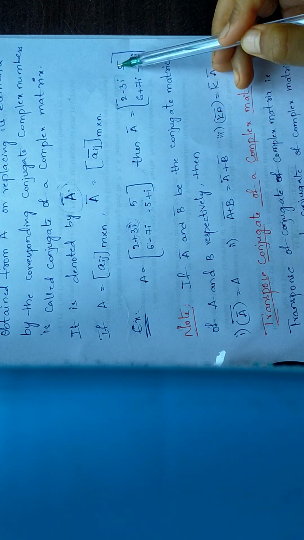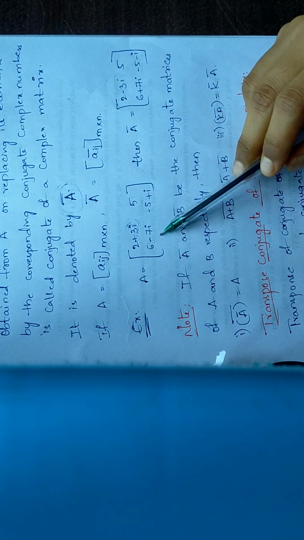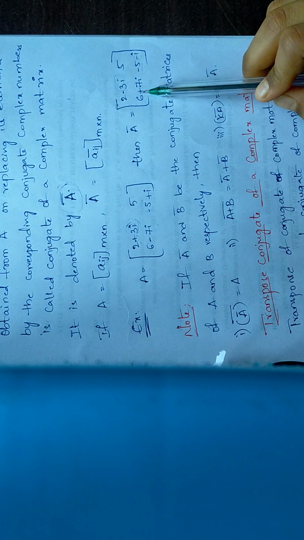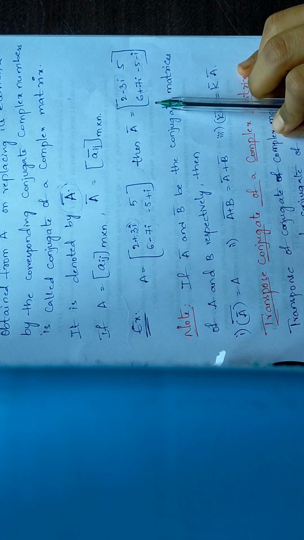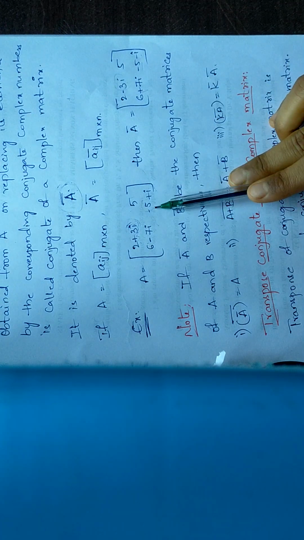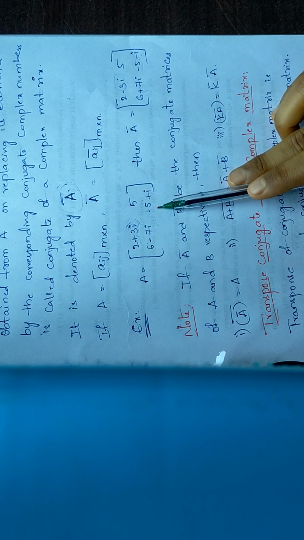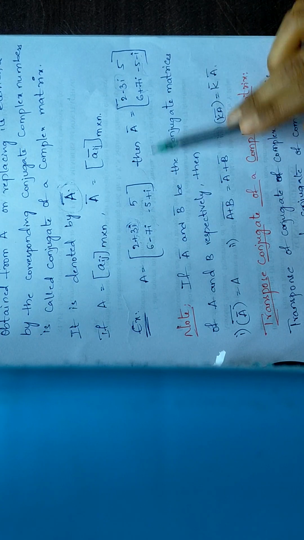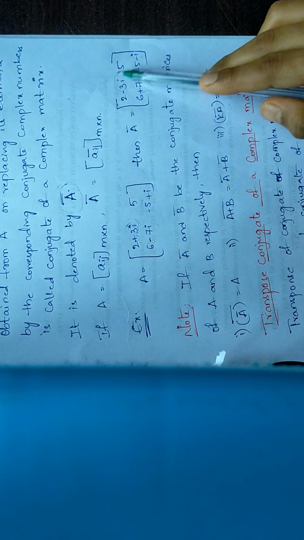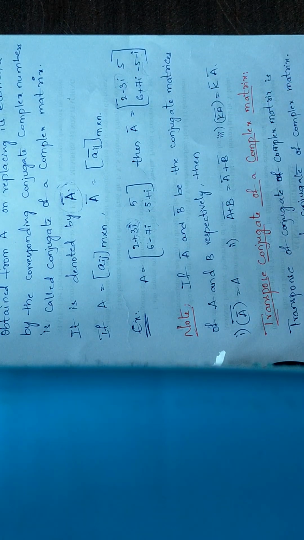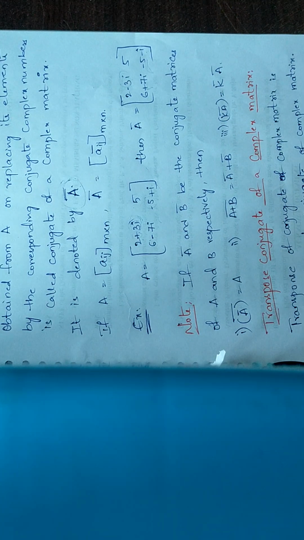So 5 is 5 because no i's are there. 6 minus 7i, here it will be 6 plus 7i. Minus 5 plus i, so minus 5 is a real number, so we don't have to change the sign here, and for i we have to change it. So this is the conjugate, we just replace the sign, that is the conjugate meaning.